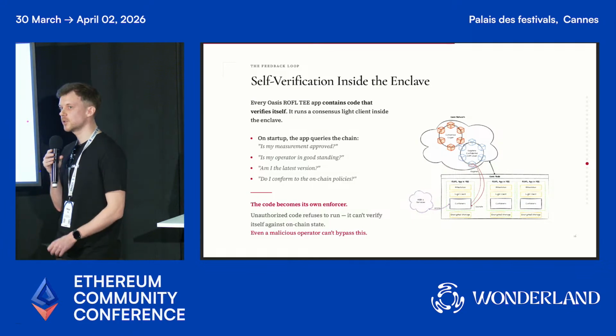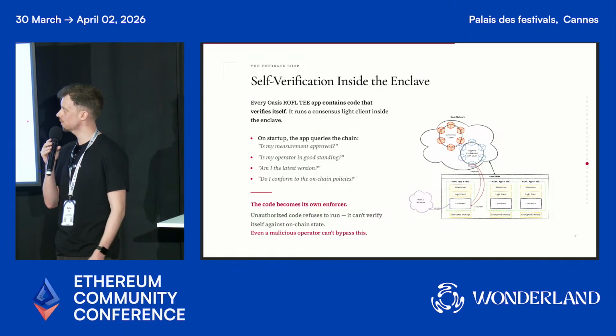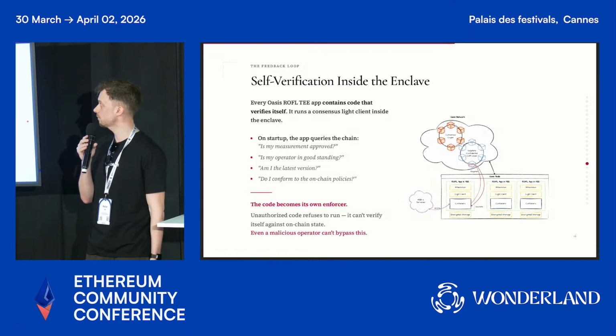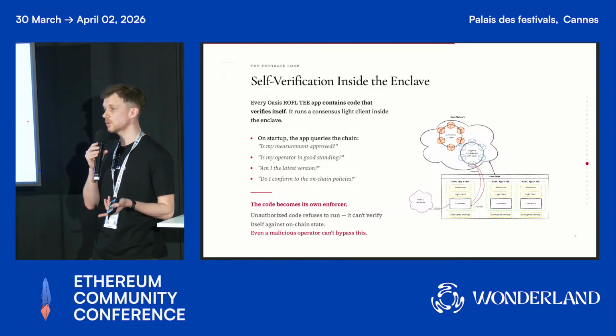Now, once we have this on-chain root of trust, we can do more useful things inside the apps that we call ROFL apps. So, for example, instead of, again, putting the burden on the user to verify that the ROFL apps are attested and running via the on-chain state, we can put that inside the code of every ROFL application.